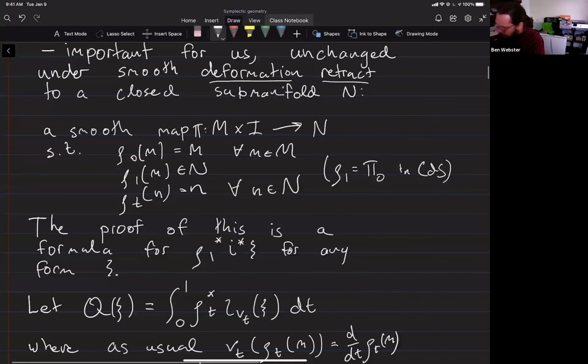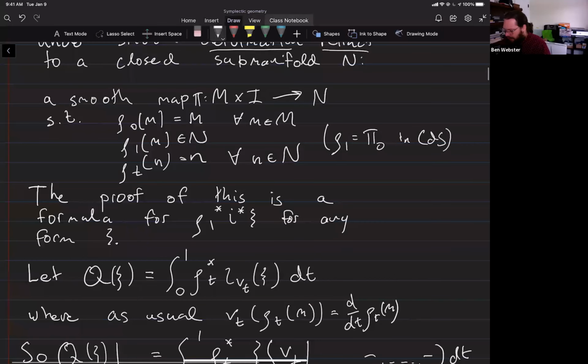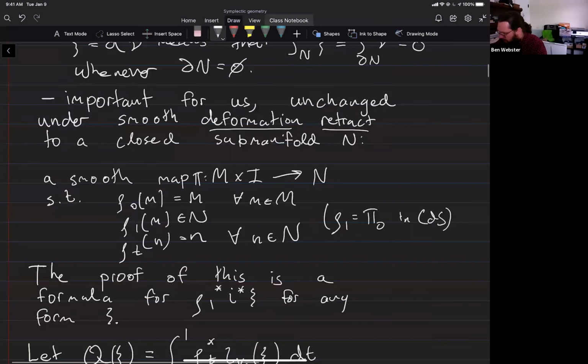Okay. The other thing that's going to be important for us, which seems like a slightly obscure point, but is part of the reason I'm going through this, is that it's unchanged when I do a smooth deformation retract to a submanifold. So let me remind you what a smooth deformation retract is. I have an ambient manifold M, and I'm taking a submanifold N inside of it.